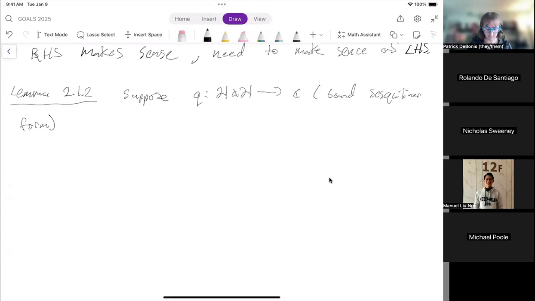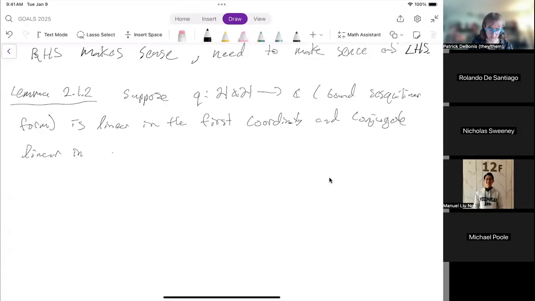So suppose Q is linear in the first coordinate, and conjugate linear in the second.